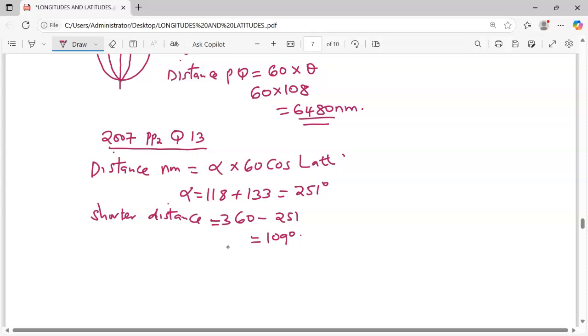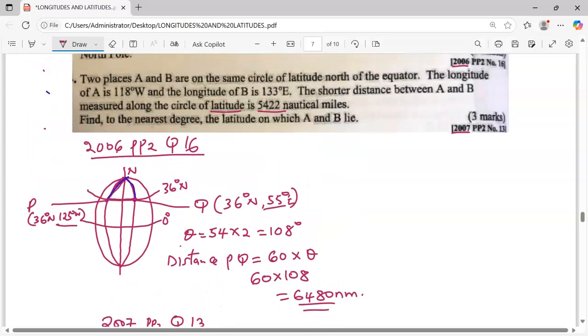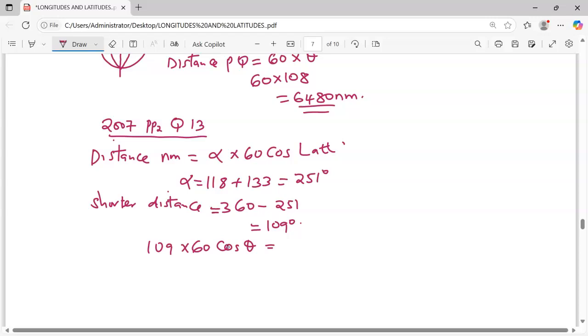From this point now we can get the distance, and the distance will be obtained using alpha times 60 cos latitude. The alpha is 109 times 60 cos of latitude, which is theta, and this gives us the distance of 5422.